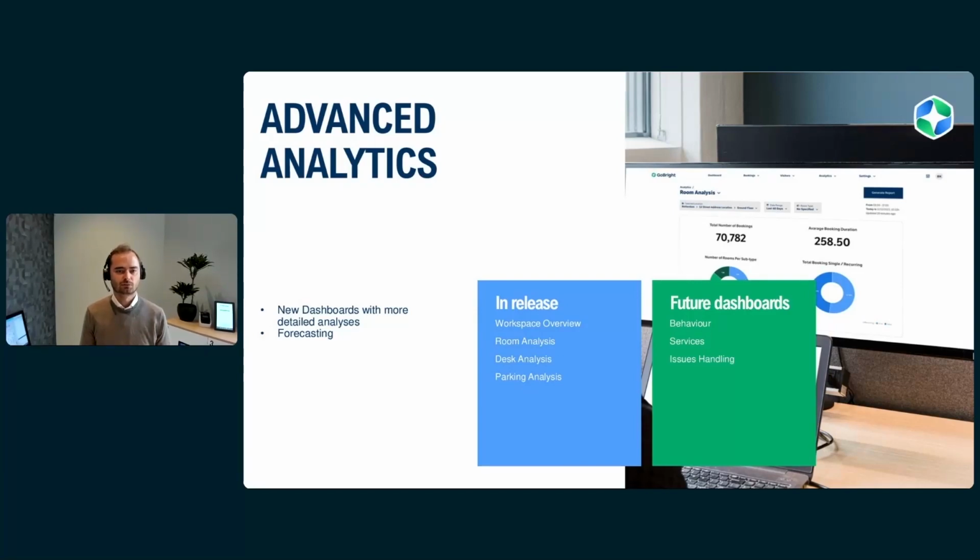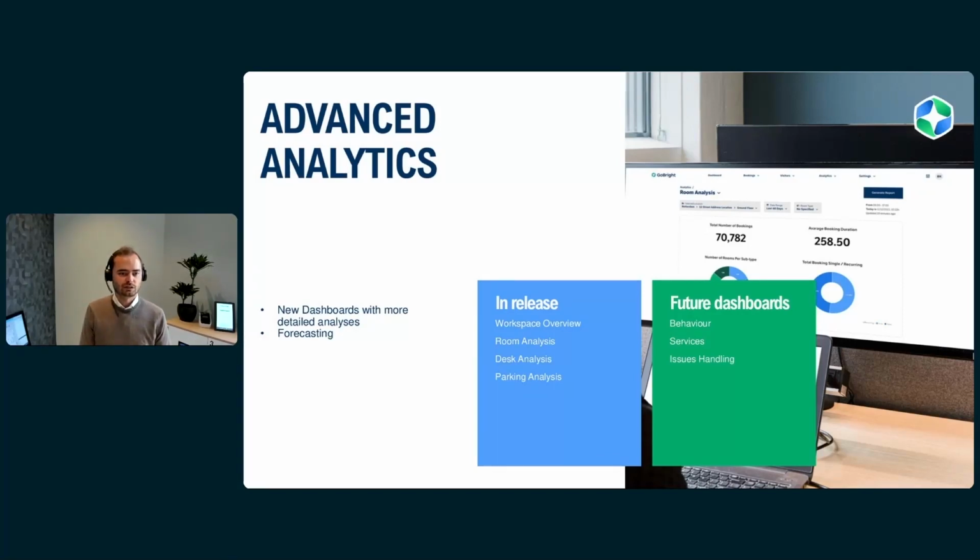And most of the feedback was that sometimes to get the right information in the current analytics, you had to combine some dashboards together or some filterings, whereas now in the new advanced analytics, we try to make that more efficient, showing it in one dashboard, as you will see in the next 2 pages, to give you a more clear overview of what is happening in the office, but also extending it with more information than we currently have.